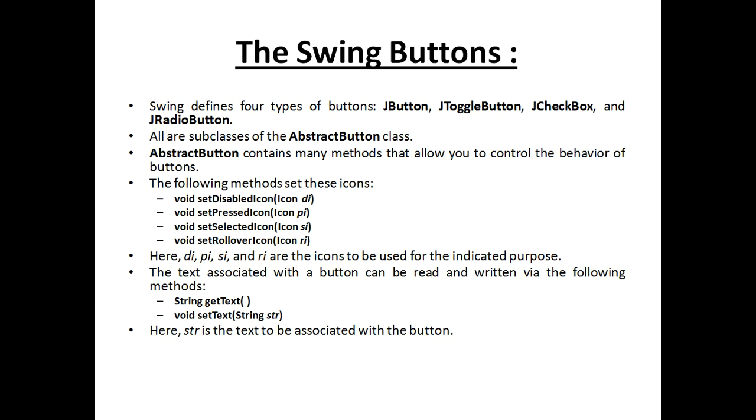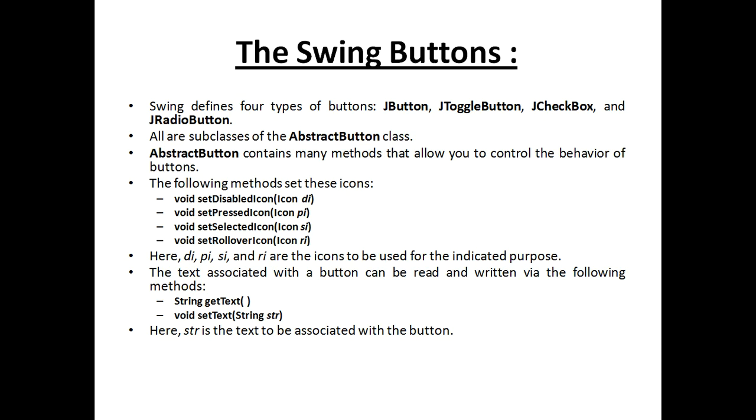All are subclasses of the AbstractButton class. This AbstractButton contains many methods that allow you to control the behavior of buttons. These methods set the icons: setDisabledIcon, setPressedIcon, setSelectedIcon, setRolloverIcon, where DI, PI, SI, RI are the icons to be used for the indicated purpose.